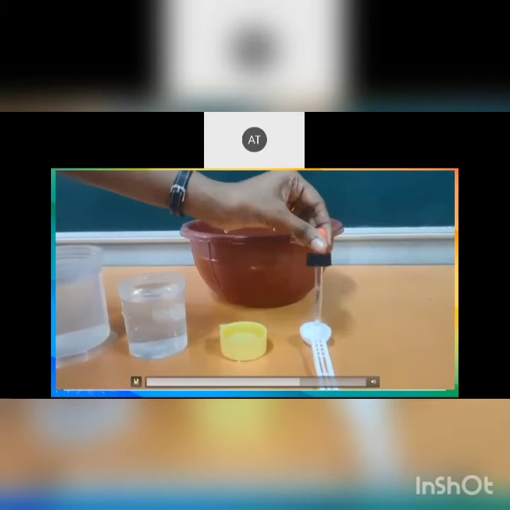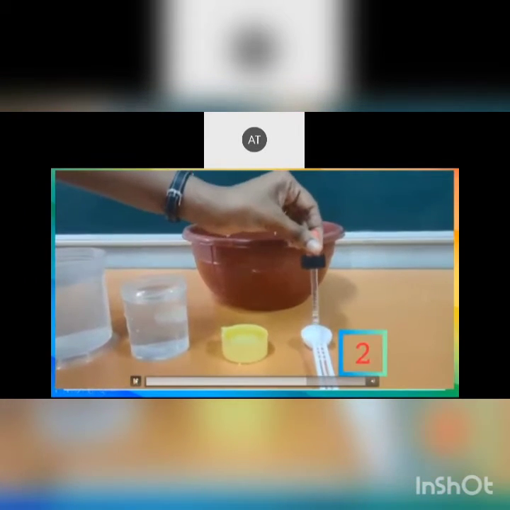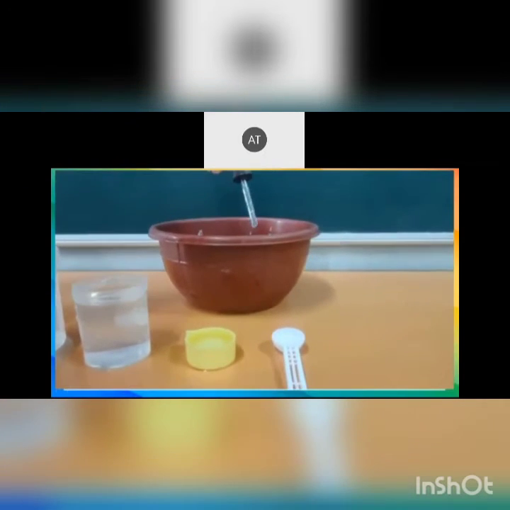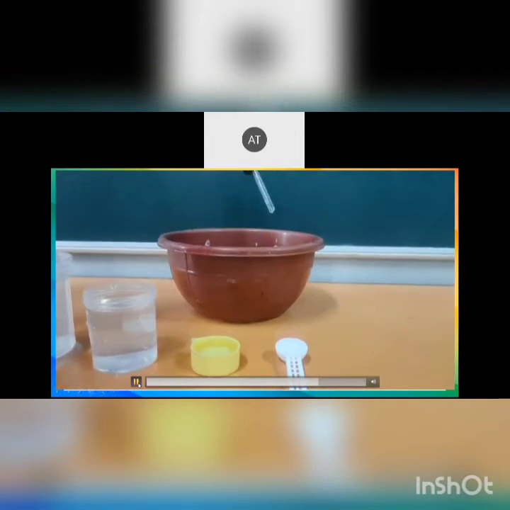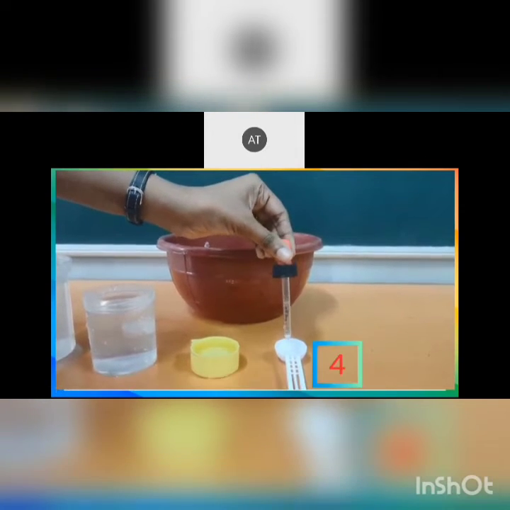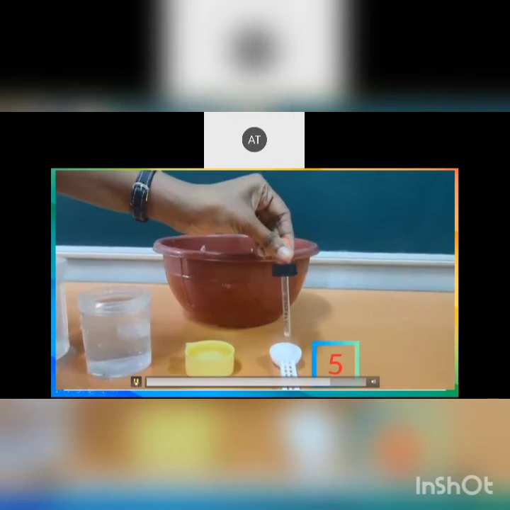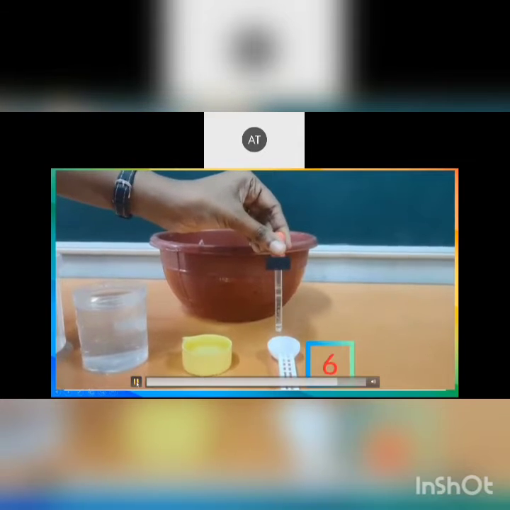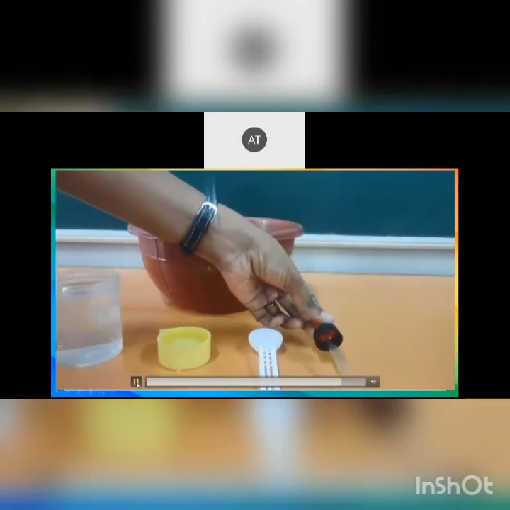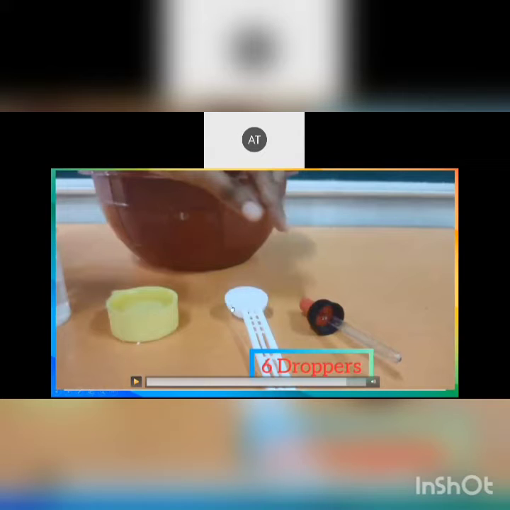1, 2, 3, 4, 5, 6. So 6 droppers fill the spoon.